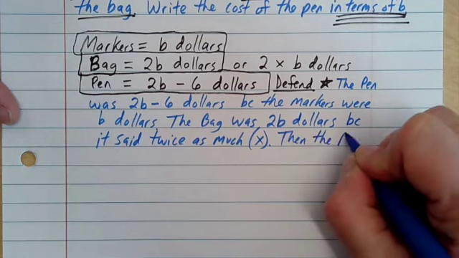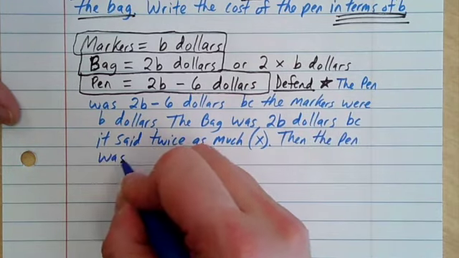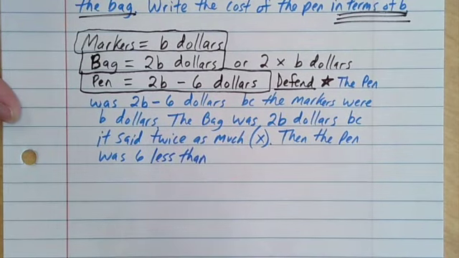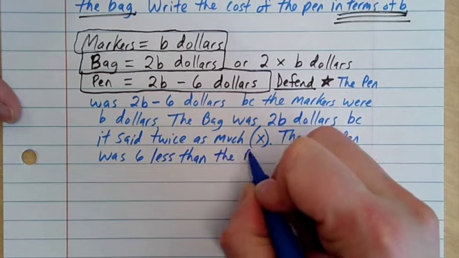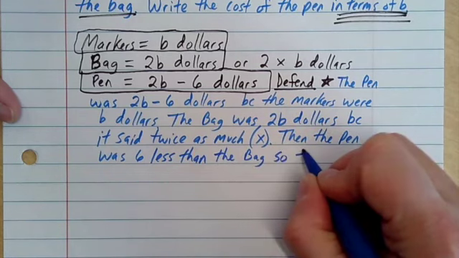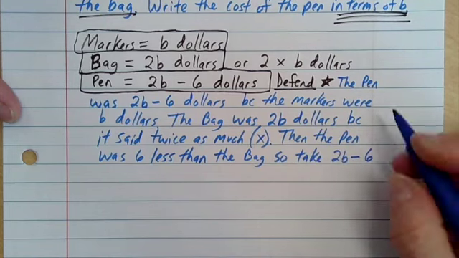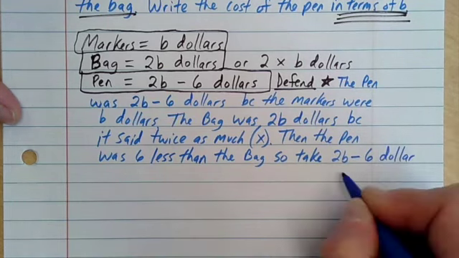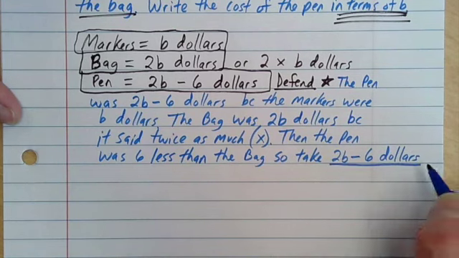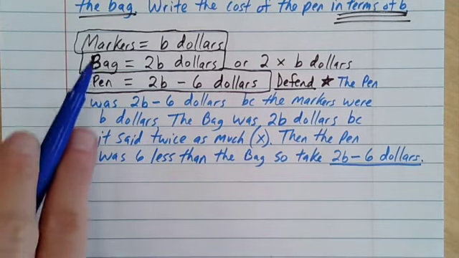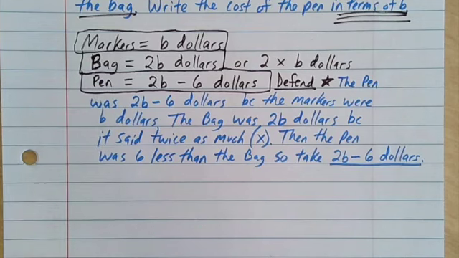The pen was 6 less than the bag. So you have to take 2B and then subtract $6. So that's kind of your defense as to why was I subtracting, why was I multiplying? Well, you have to go back into each step. You multiplied the markers and you had to subtract from the bag. So that's why it's 2B minus $6 for the pen.